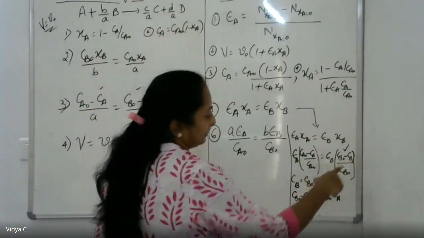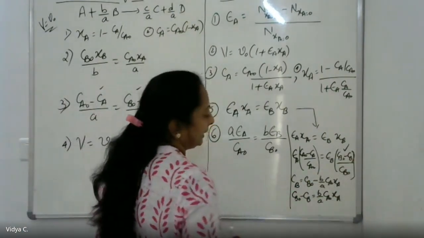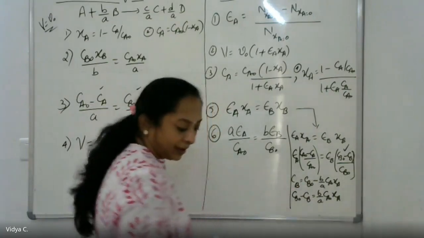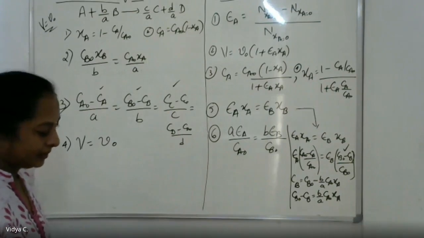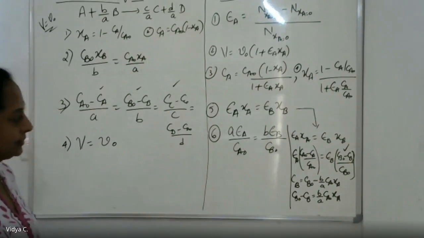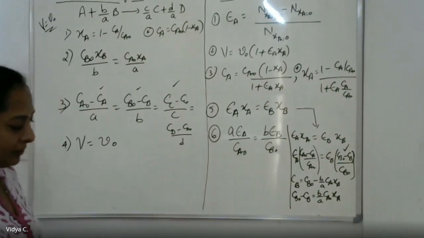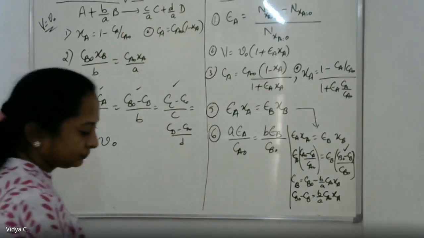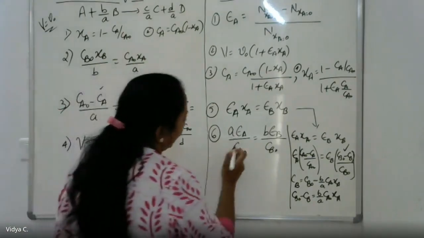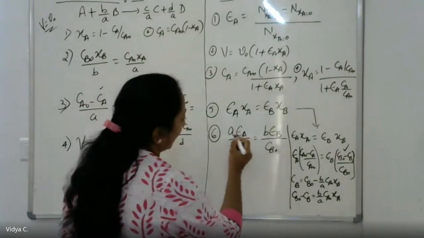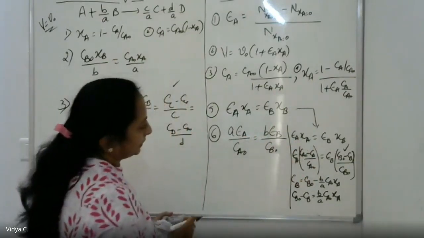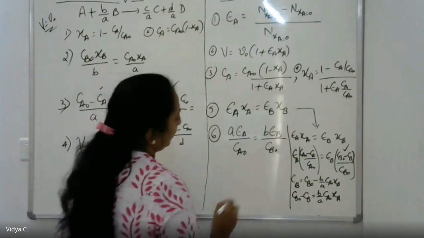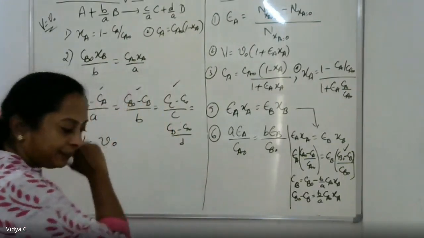Okay. Shall I write that and finalize? Yes. So, have I written correctly? So CB naught minus CB I have found.